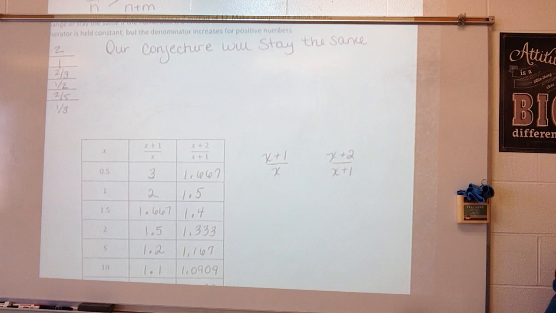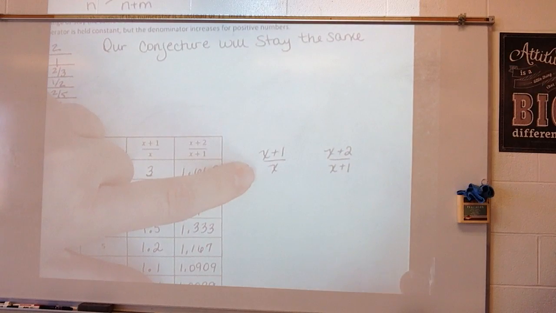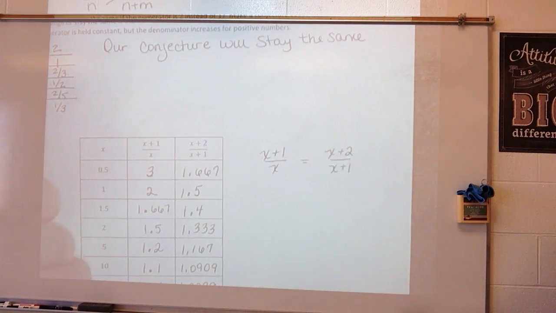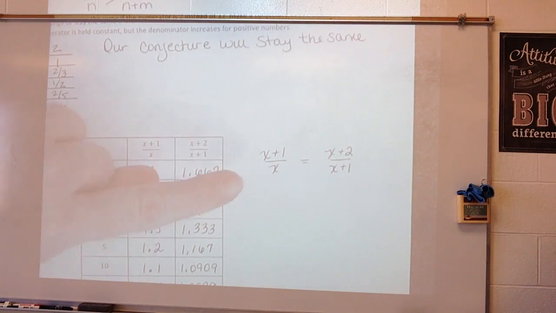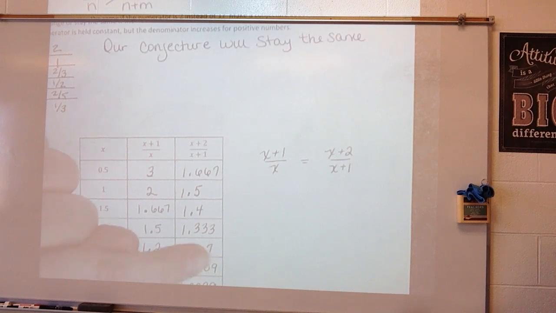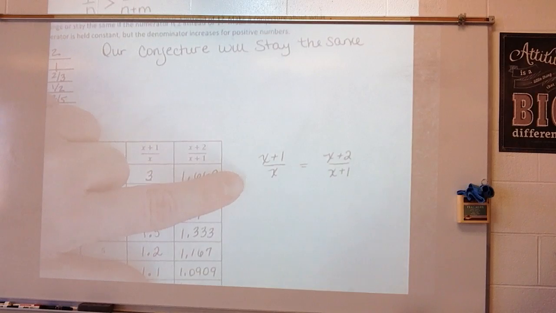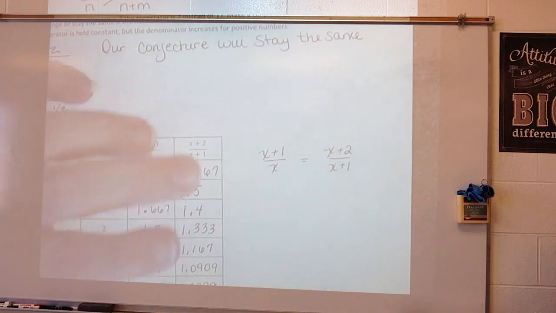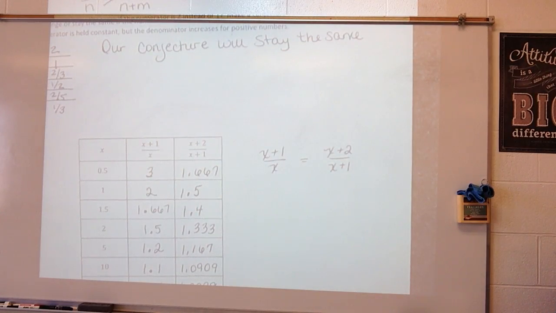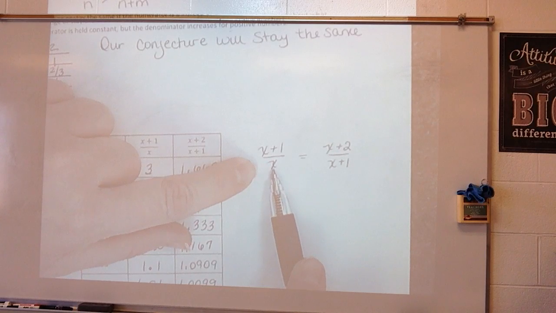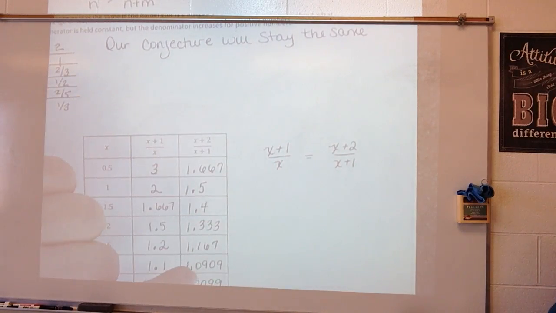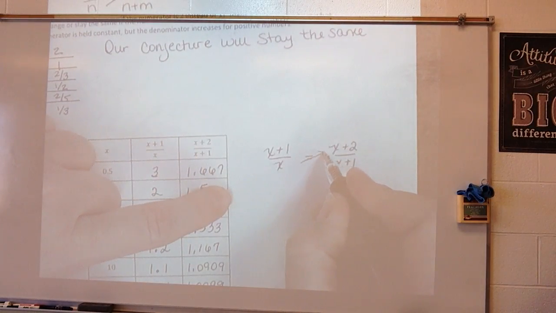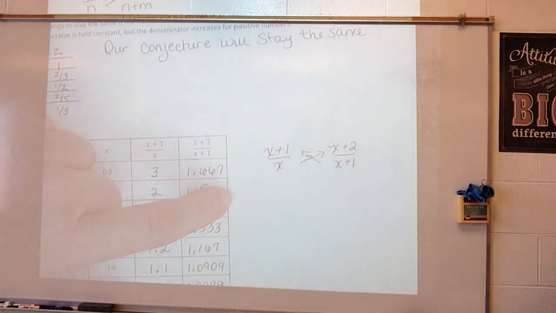I can set these equal to each other. And then I need to do some multiplication. So I need to find a common denominator, so my common denominator would actually be x times (x plus 1). But I can do cross multiplication.